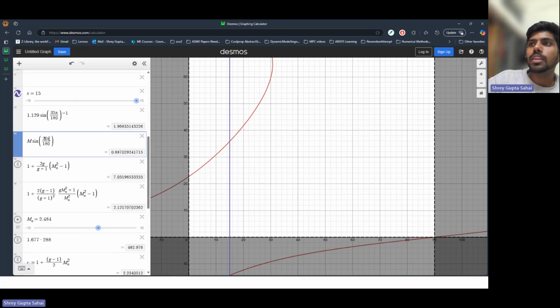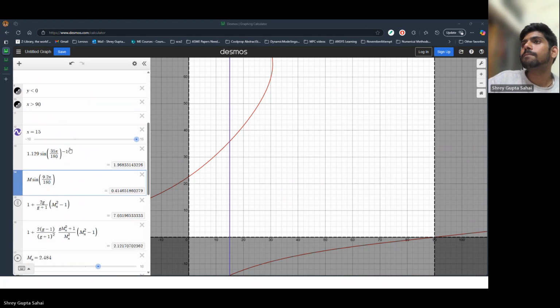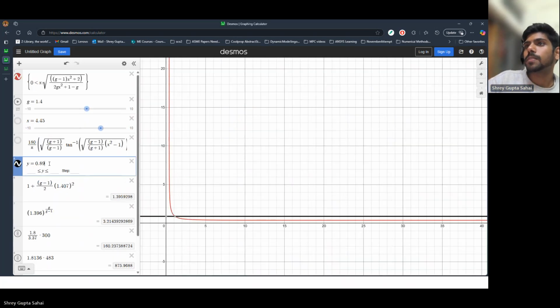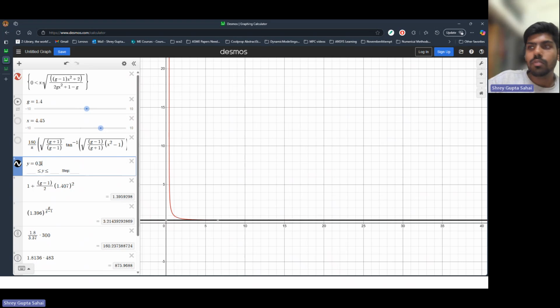This angle will be 9.2, so that Mn2 comes out to be 0.414.